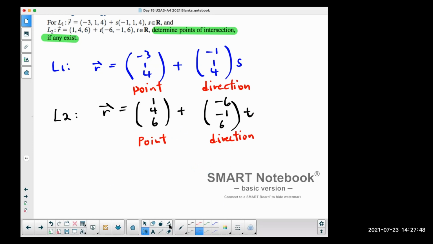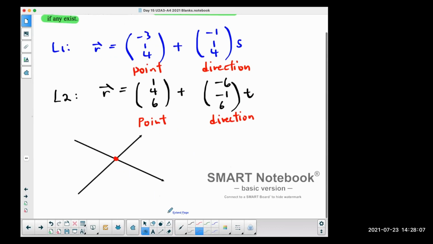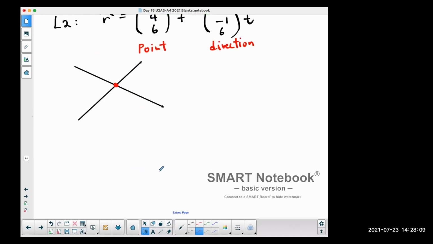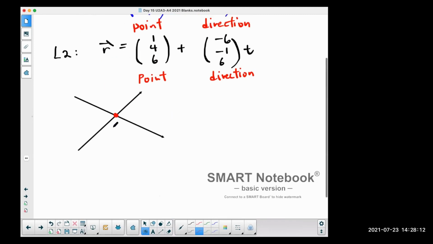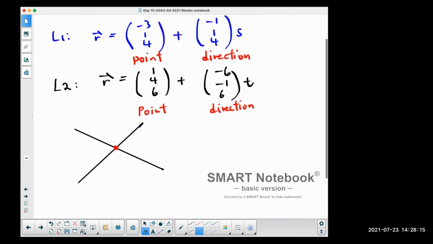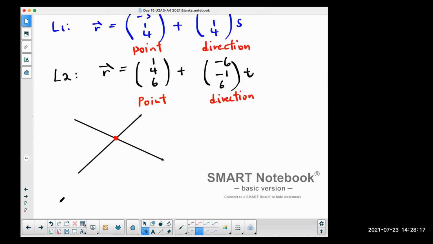So what we have here is the equations of 2 lines, and we don't know if all 3 coordinates are equal. If all 3 coordinates are equal, then they intersect. If only 2 of the 3 coordinates are equal, then they're skew. We don't know which one it is, but we're going to try to solve for it. We're going to assume it's actually a point of intersection because they are very similar to each other.